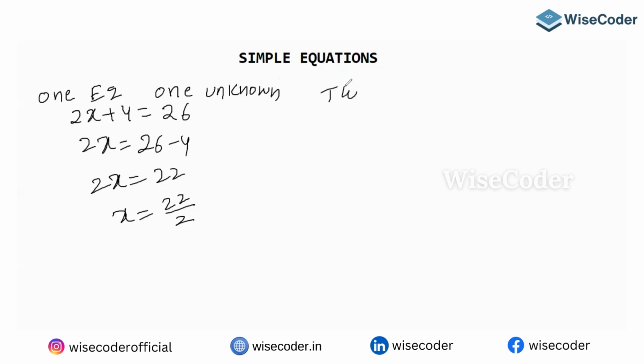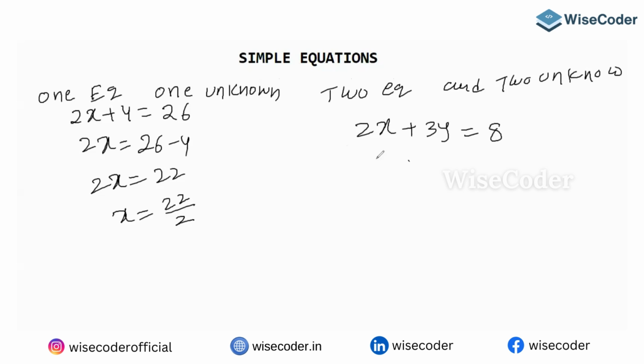When there are two equations and two unknowns, how are we going to solve this? Let's take the equations 2x plus 3y is equal to 8 and 5x plus 4y is equal to 13.